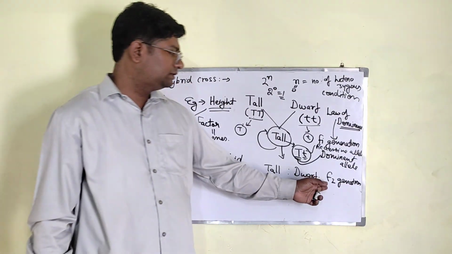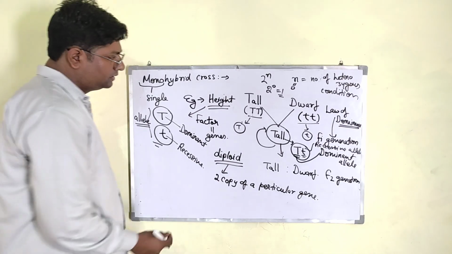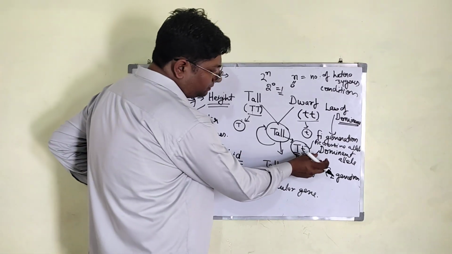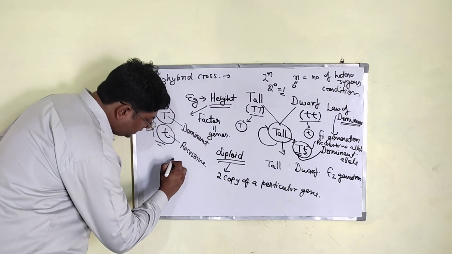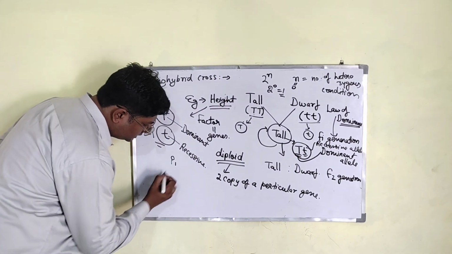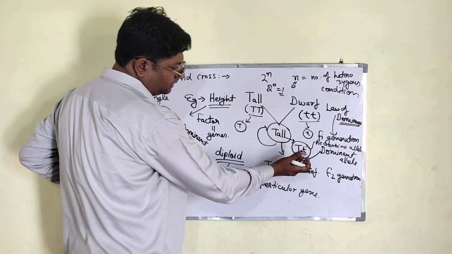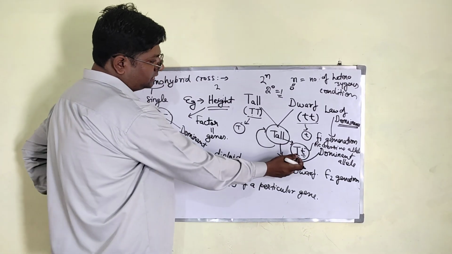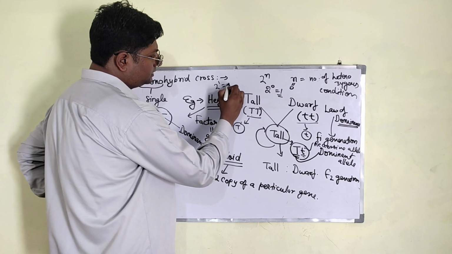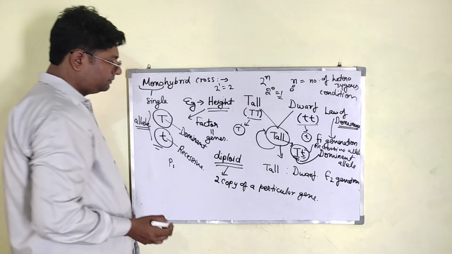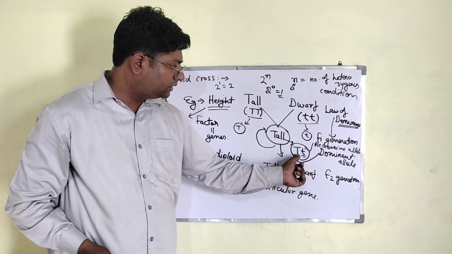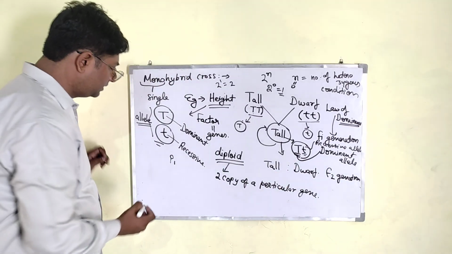Now to obtain the F2 generation, we are doing selfing. Selfing means that we are using two plants from the F1 generation. Here is plant 1 from the F1 generation. As we know, there is a heterozygous condition, and the heterozygous condition is 1 here, so 2 to the power 1 is 2. It means that for the F1 generation there are two types of gametes.